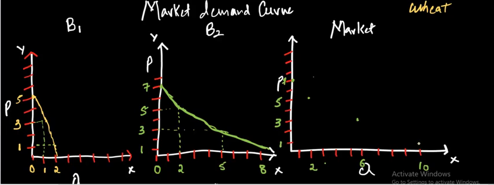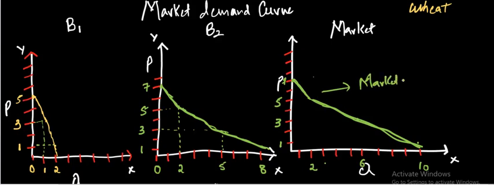So we got a point over here. Now if we just join them up, we get a demand curve like this. Now this demand curve is nothing but the summation of the individual demand curves of buyer 1 and buyer 2, and this demand curve is known as the market demand curve.